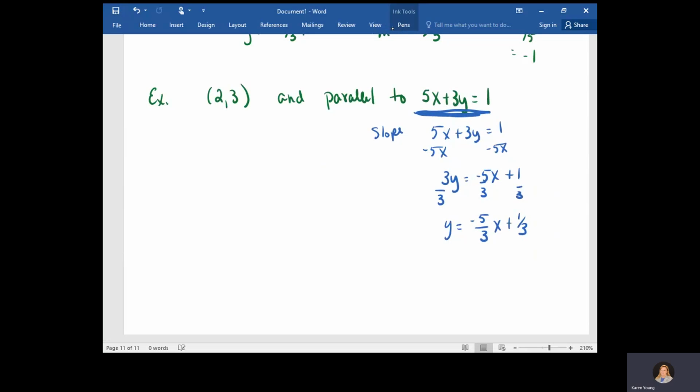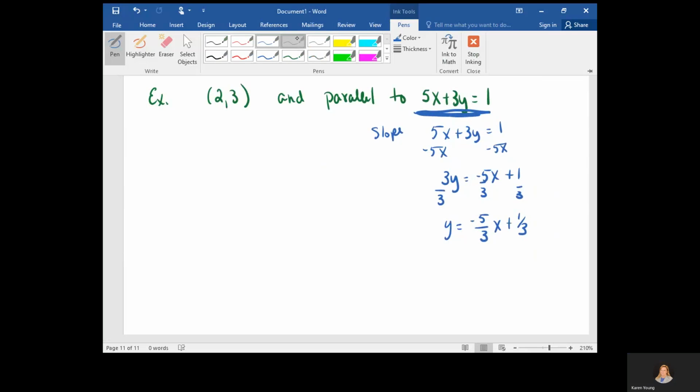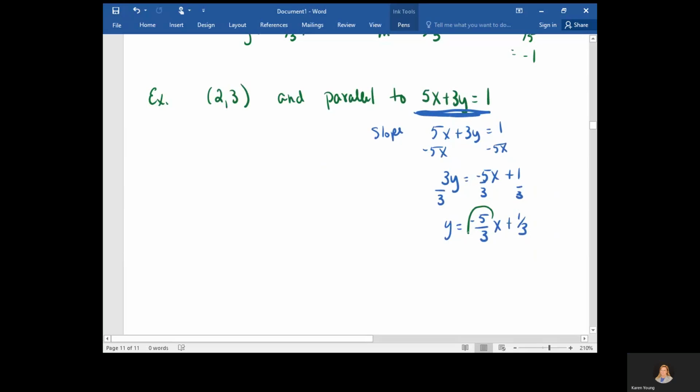The only thing I need out of this is my slope. I don't care about anything else. So I'm going to take my slope, and since it's parallel, I'm going to use it with the point (2, 3) to write the equation of the new line. I'm going to use point-slope form because I know my slope and I have a point.